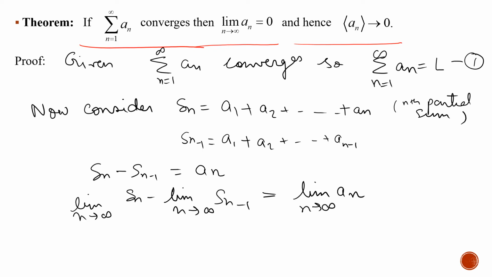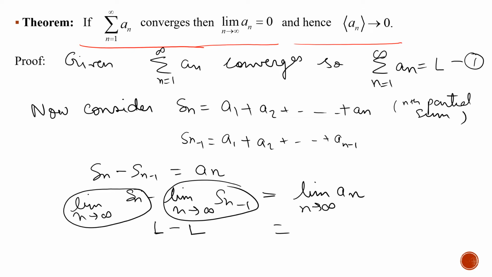So you can easily see that this will be equal to the limit of Sn minus the limit of Sn minus 1, which will be L minus L, because you are given that your series is converging towards the value L. You have already seen that Sn will also converge towards this value, and similarly Sn minus 1 will also converge towards this value.